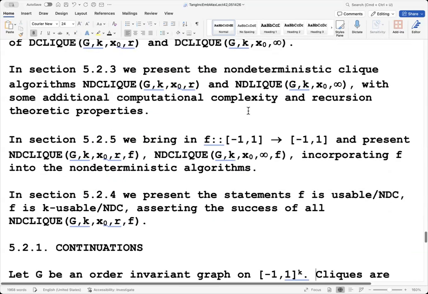For the non-deterministic case, when we bring in f, we're going to run right into incompleteness from ZFC this way.